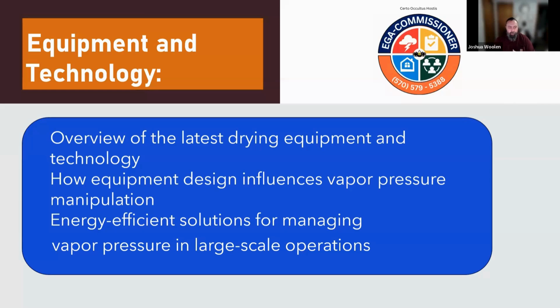But anyhow, the overview of our latest drying equipment and technology is astronomical, right? We now have Bluetooth on our equipment so we can be at home and it's telling us what's going on with our equipment. We have devices that we can plug in that can tell us what's going on with the environment, provided no one moved them or did anything with them, right?